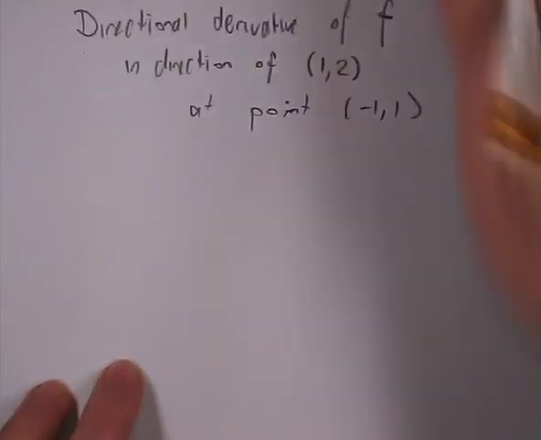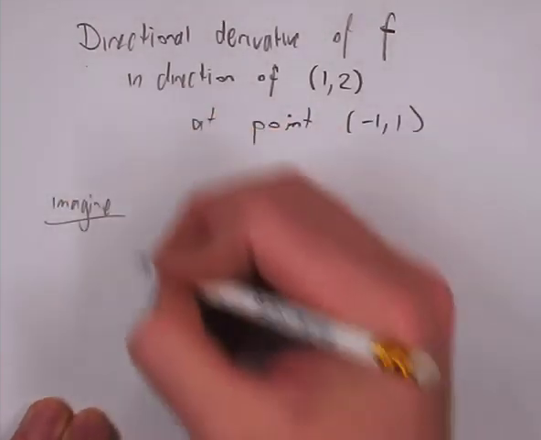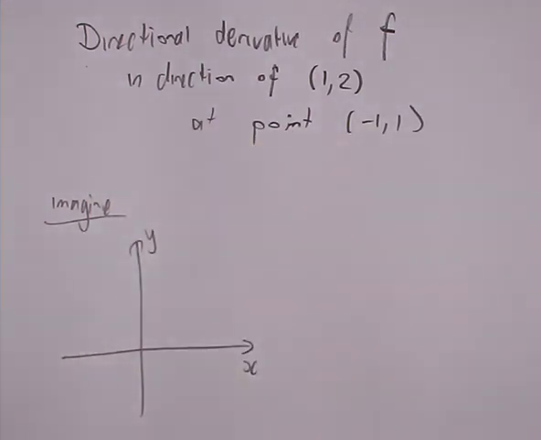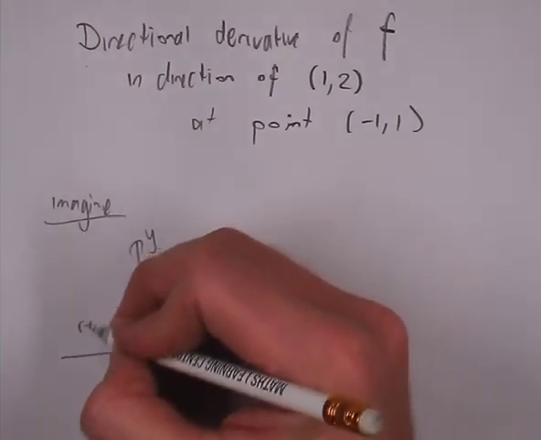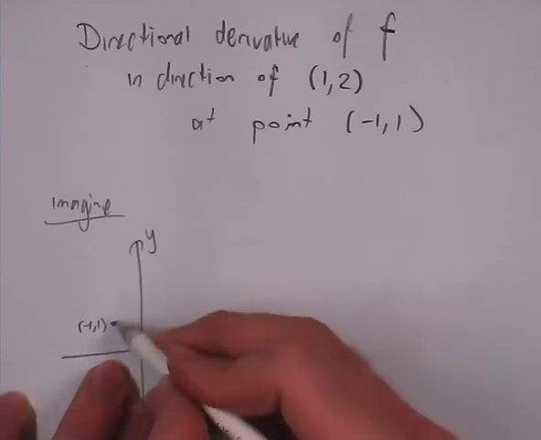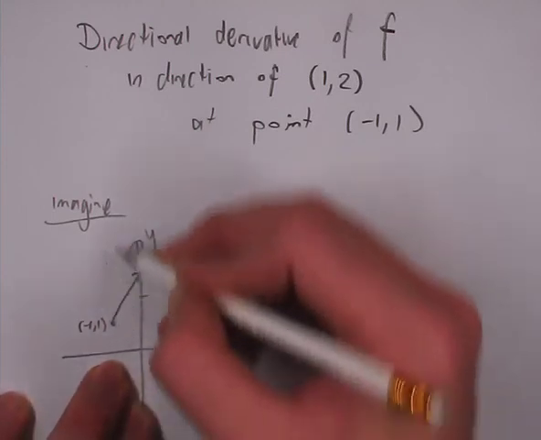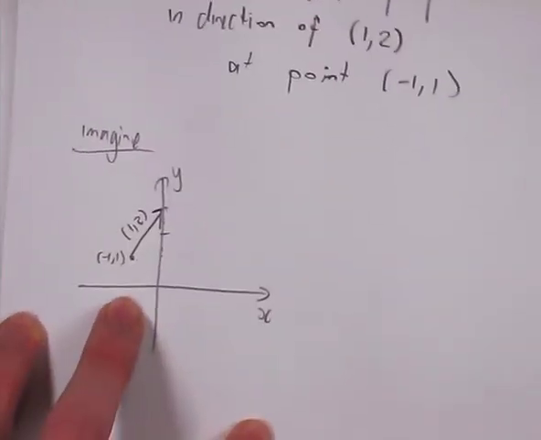So this is the picture that we imagine. So there's our xy. Bird's eye view, the function is here somewhere. I just can't see it because it's a bird's eye view. We go to the point minus 1, 1, which is here. And we're going in the direction of 1, 2. So 1, 2. Okay? So that vector there is 1, 2.